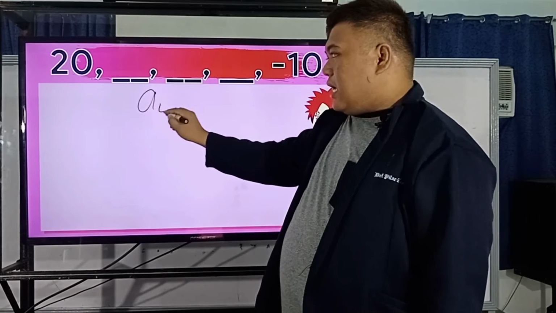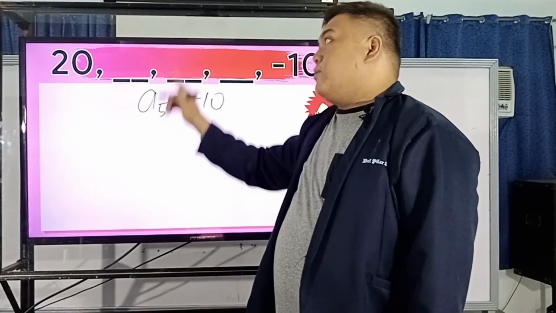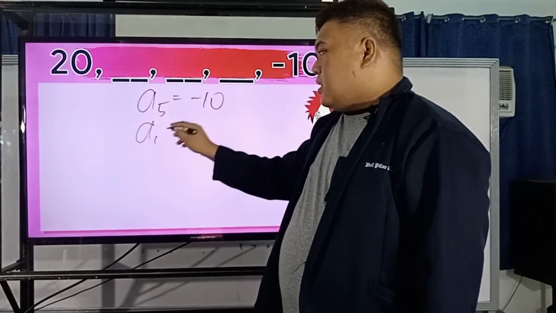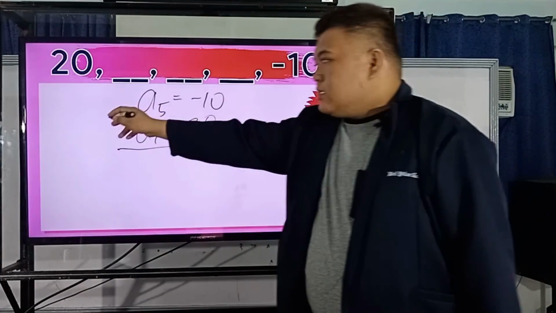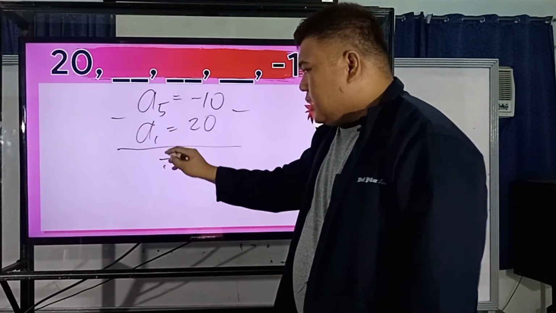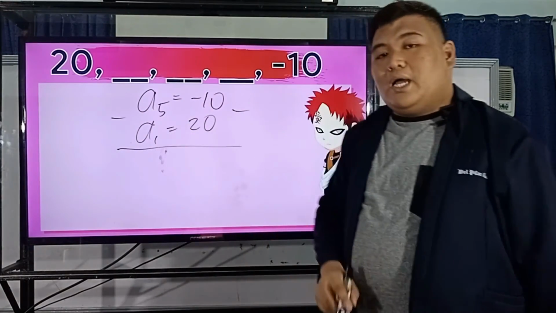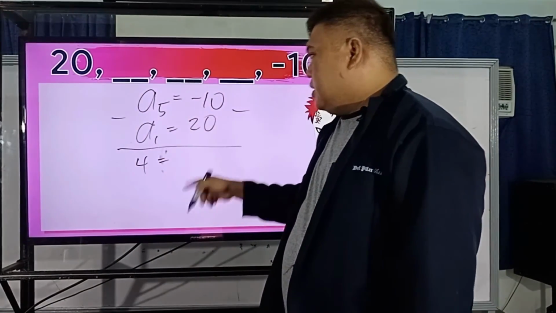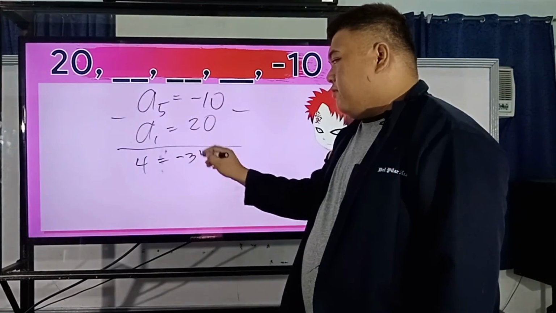So that is a sub 5. And a sub 1 is 20, the first term of the sequence. Subtract, then divide. So we will have 5 minus 1 is 4. Negative 10 minus 20 is negative 30.